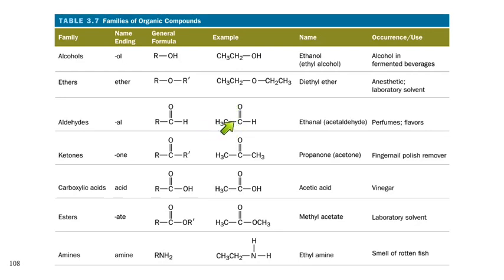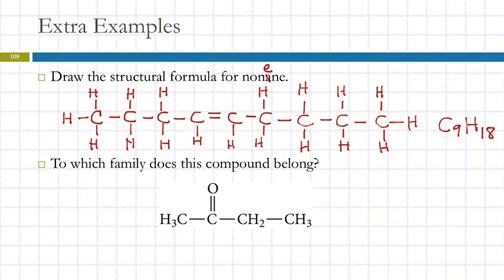But here there's a carbon on one side, oxygen on the other side. Here, that one looks right. It's got a carbon on each side. This one, there's an oxygen on this side. This one, there's another weird kind of oxygen over there. So that compound that we're looking at is one of these. It's a ketone. Any questions?